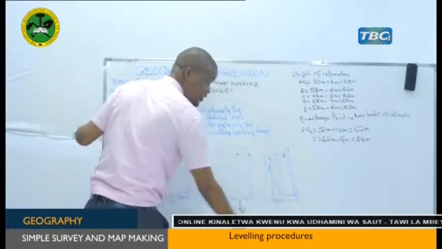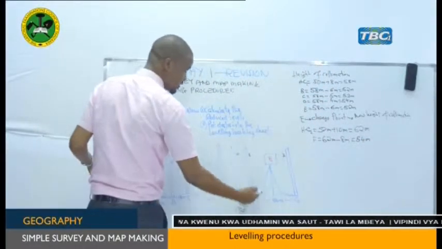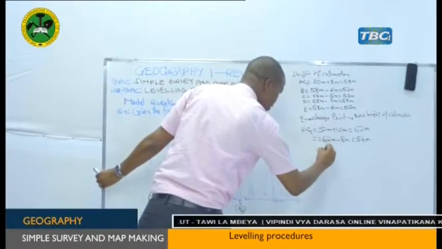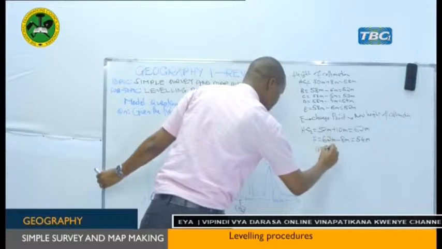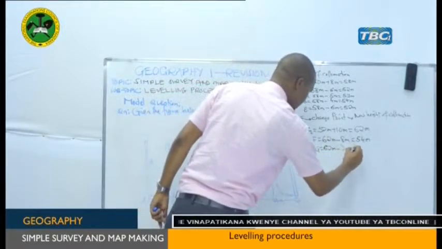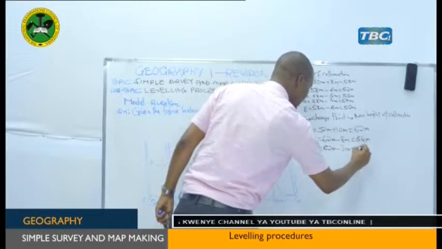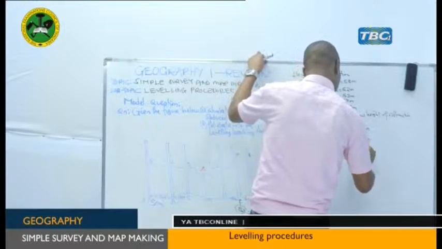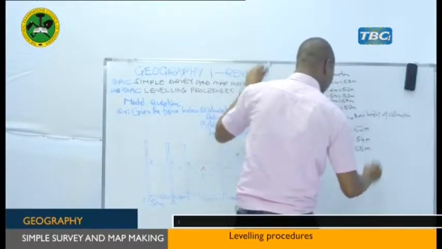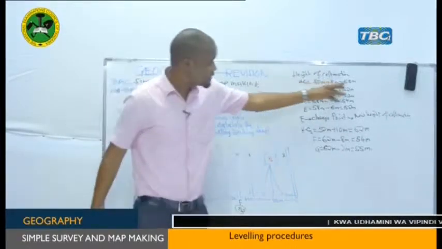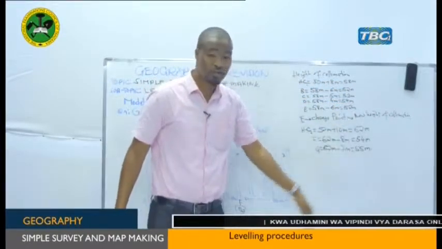Then you will go to point G. It means you take the height of collimation minus 7, so point G will be equal to 62 meters minus 7 meters, which will give you 55 meters.